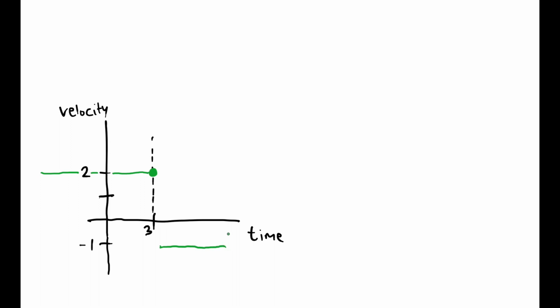So we're going to have this. Both of these are constant velocities over the interval that they're happening. It's just that at 3 there's this sudden change.